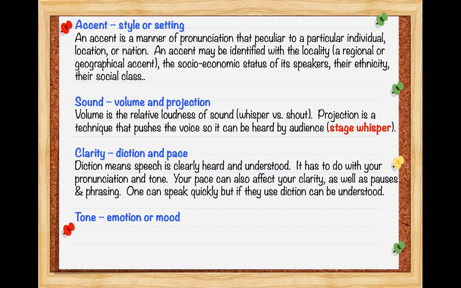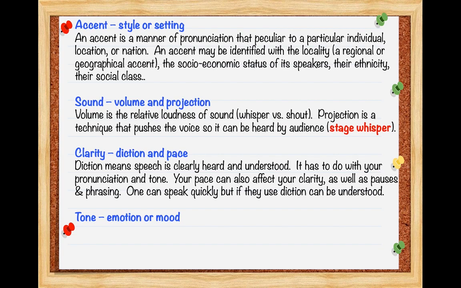That would be how long and how short sentences and segments are. This is so that things would be more easily understood. So you separate them so people can hear and follow and pay attention to everything that you say. So yes, as the slide says, you can speak quickly, but if you speak quickly and with good diction, then you can be clearly understood.